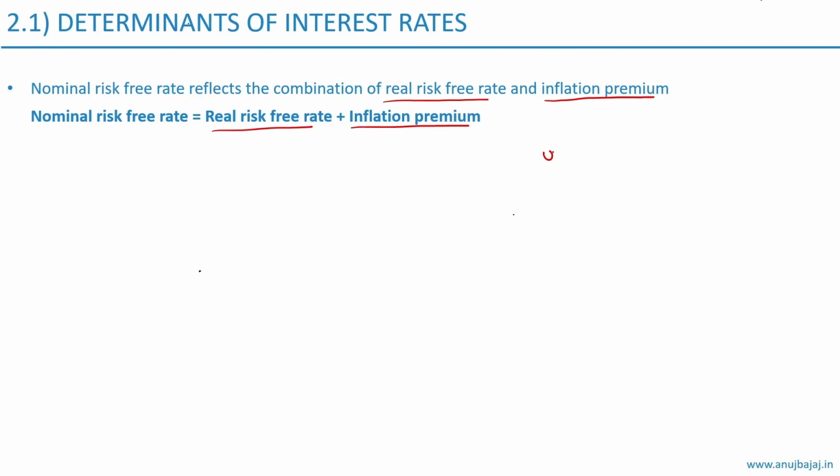For example, US Treasury bills or various other securities issued by the government are usually considered risk-free, and the interest rate that they pay is the nominal risk-free rate. These bills also compensate the investor for the inflation premium. This is the nominal risk-free rate.